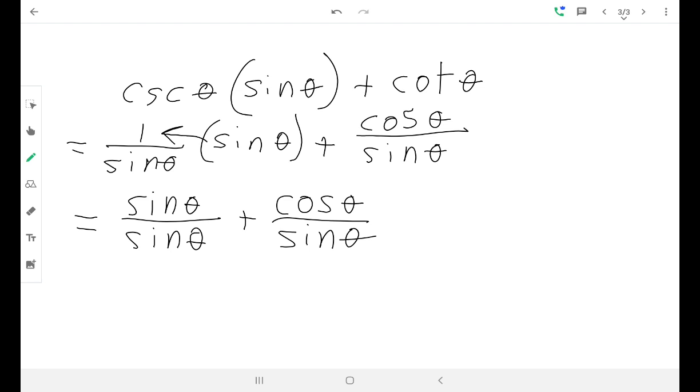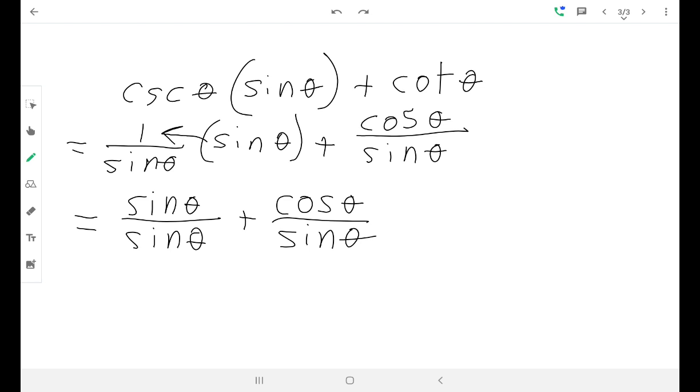And you could write that sine theta over sine theta as a 1. However, if you take a look here in the denominators of both, you see they have common denominators already. So it doesn't help you a whole lot.